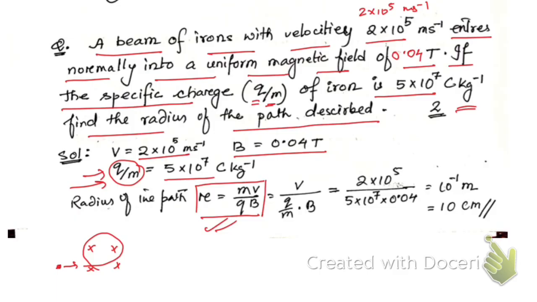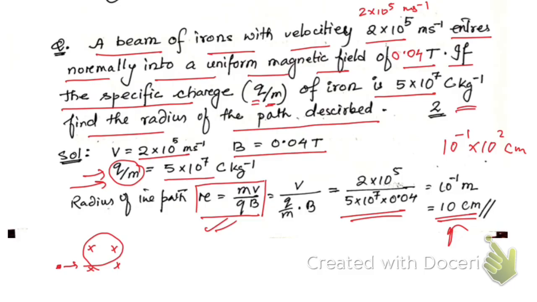Let's put the values. On putting those values, you will get 10 to the power minus 1 meter, and multiplying by 10 to the power 2 gives centimeter, which is 10 centimeter. Hope you have understood this.